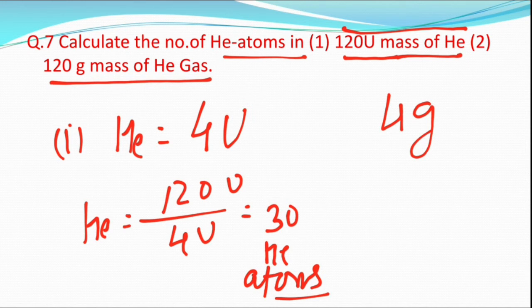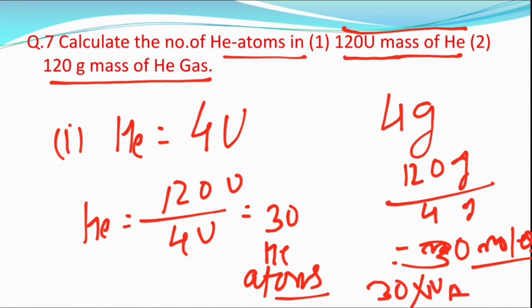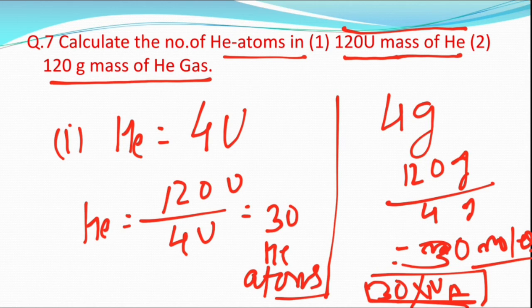Okay, and in the case of 120 gram mass, there will be 30 moles of helium atoms, and 30 mole means 30 into Avogadro number. So you have to be careful about the unit also. So here it is 30 helium atoms, and here it is 30 into Avogadro number helium atoms.